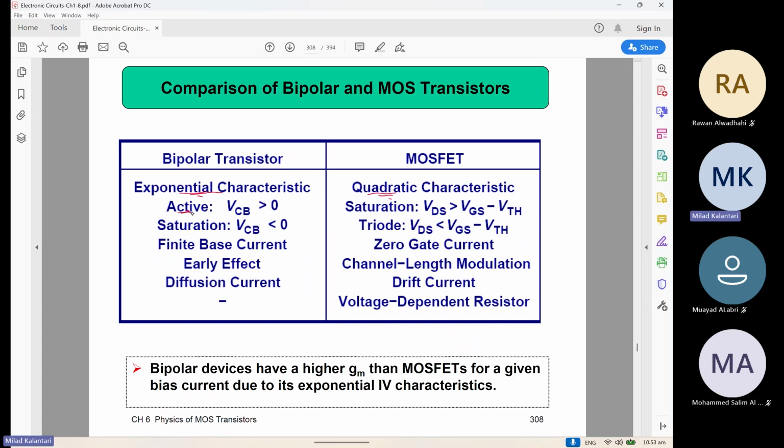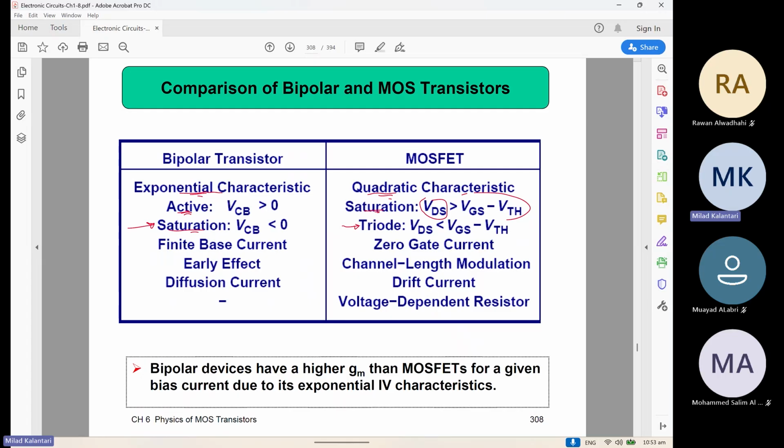In MOSFET, we call it saturation, just the naming, once VDS is larger than VGS minus V threshold. And once VDS is lower than VGS minus V threshold, we call the device in triode. But on the other hand, for the bipolar, we call it saturation. So this naming, you need to be careful not to be confused by.